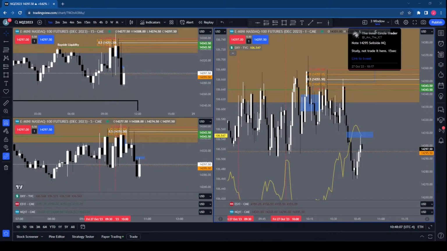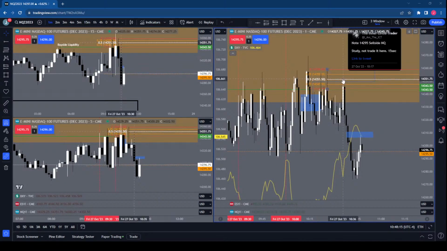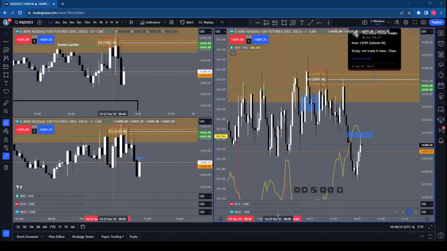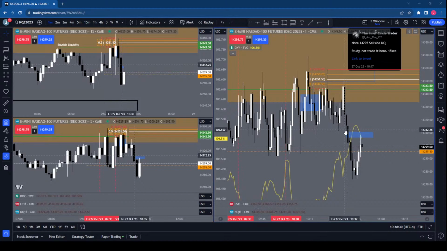That guy took a trade on the 15-second. Yeah, so he entered. It looks like he entered right where that consequent encroachment level we had measured out was. I think so.